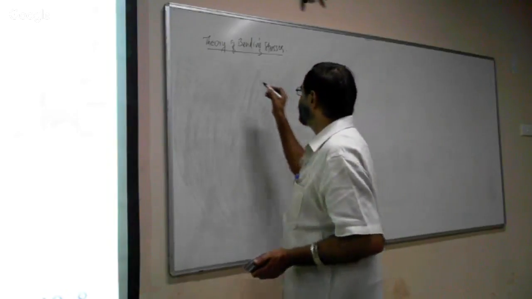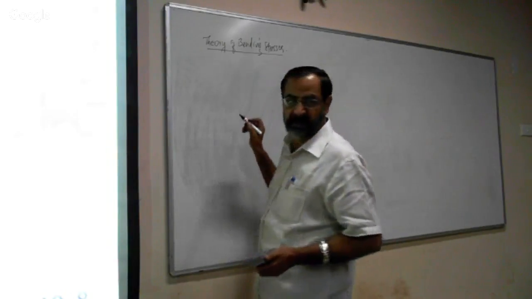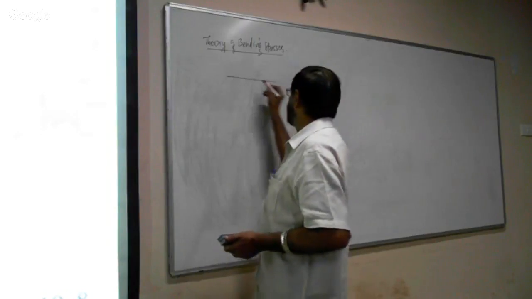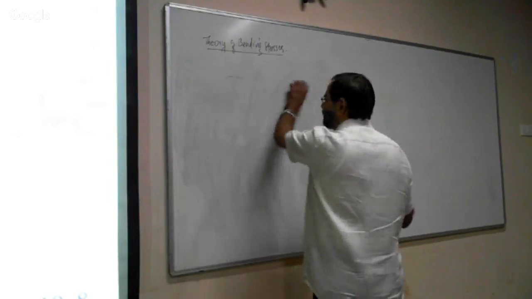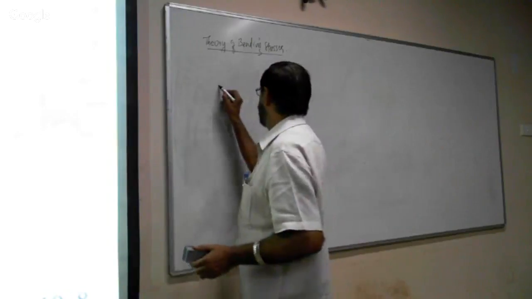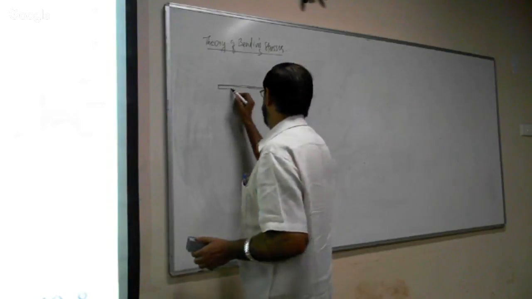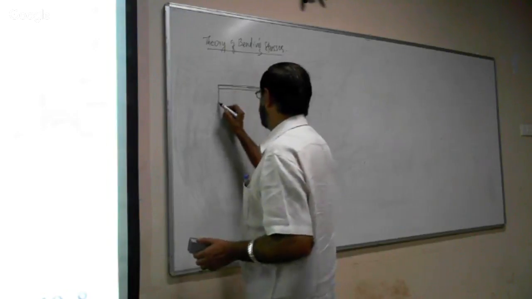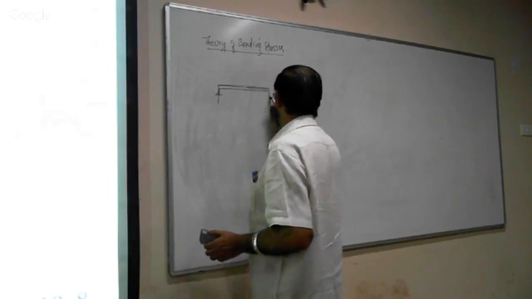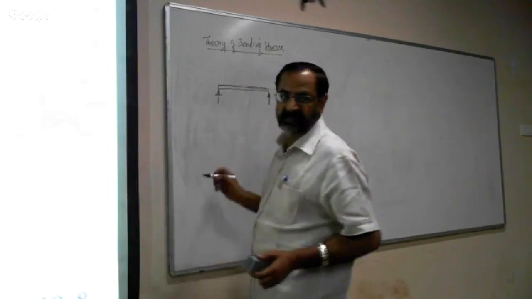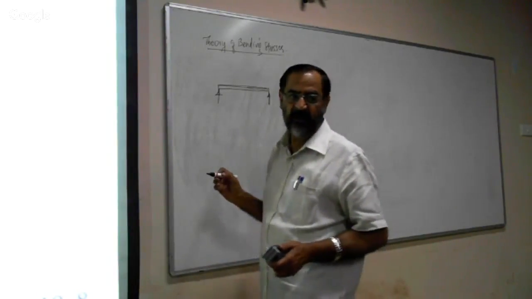A timber joist means a timber beam. The beam is 10 meter long, a 10 meter span, supported at the ends and loaded with a brick wall.